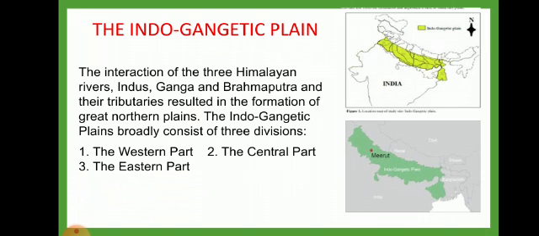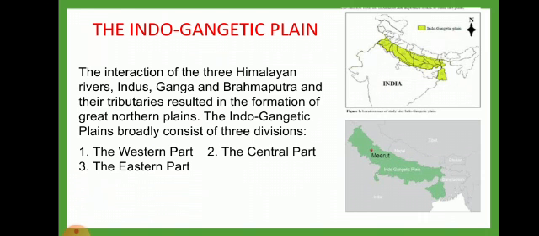Let us first start with the Indo-Gangetic Plain. The Indo-Gangetic Plain, which is to the south of the Himalayas, between the Himalayas and the Peninsula Plateau, is broadly divided into western part, central part and eastern part.